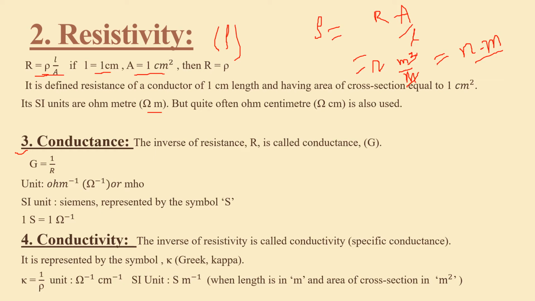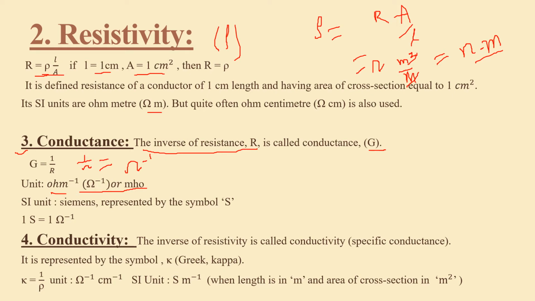Also, conductance is the inverse of resistance R, and it is denoted by G. Since conductance is inversely proportional to R, conductance G will be equal to 1 upon R. The unit of resistance is ohm, so the unit of conductance will be ohm inverse, also known as mho.